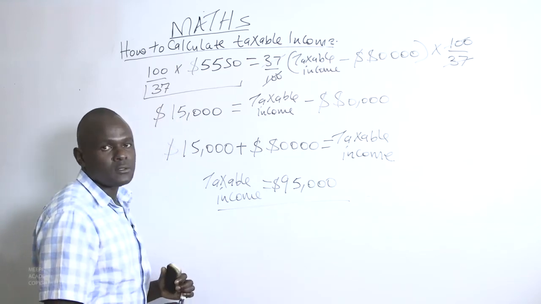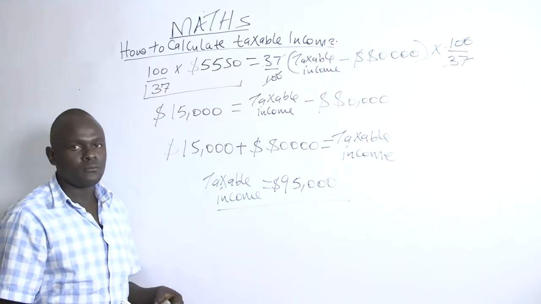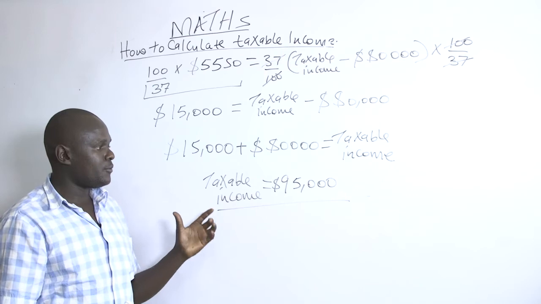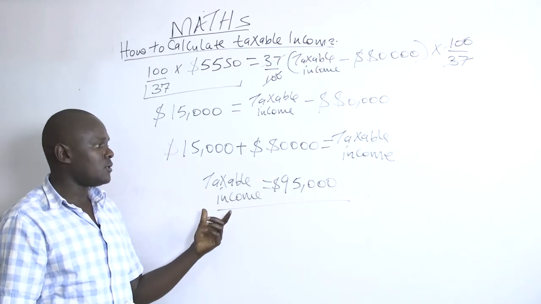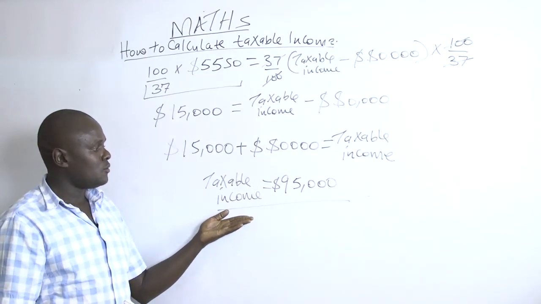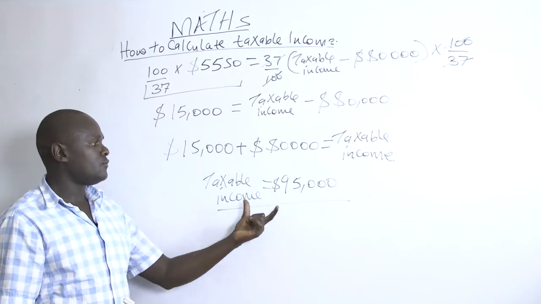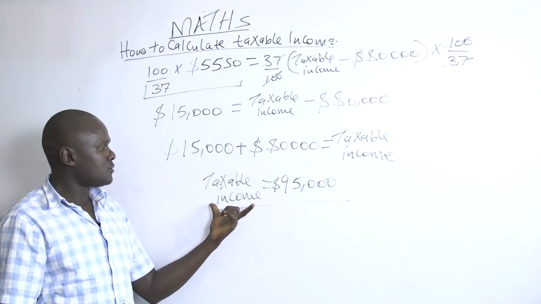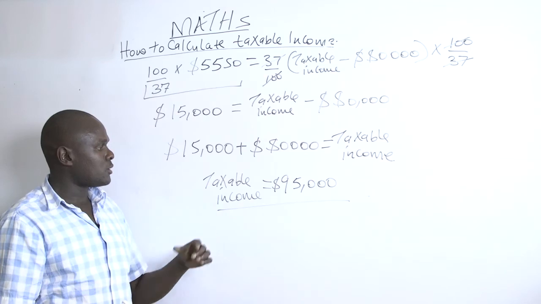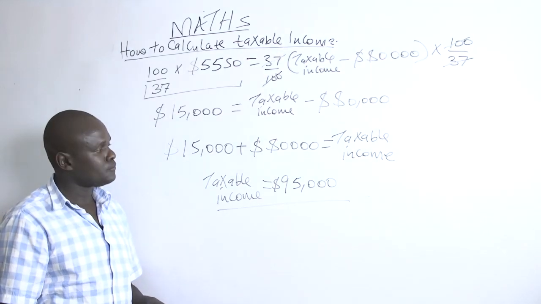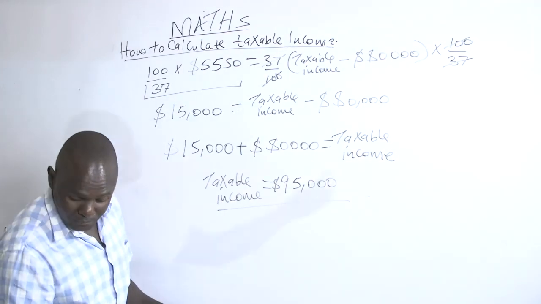This is what we were looking for. All the operations and manipulations that we have done, we wanted to achieve our results that should be equal to our taxable income. This is our third example.